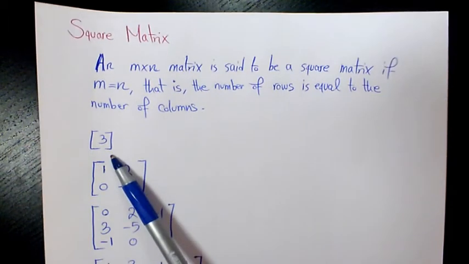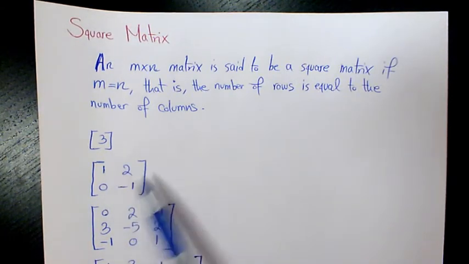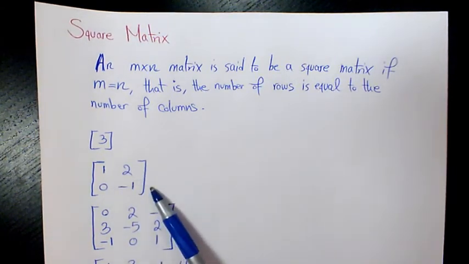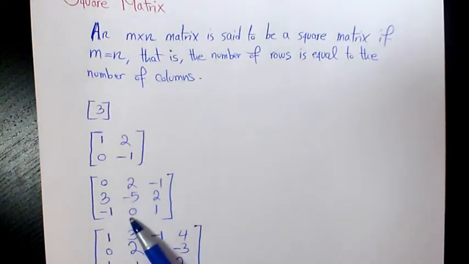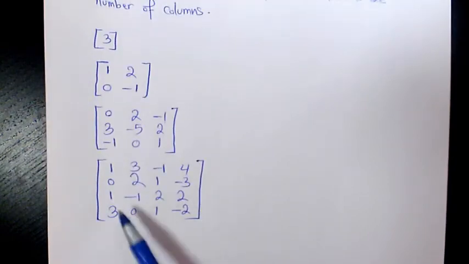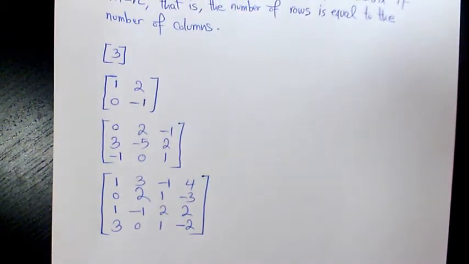For example, this matrix is 1 by 1. We have one column and one row. This matrix has 2 rows and 2 columns. It is a square matrix. Here we have 3 rows and 3 columns, a square matrix as well. And here we have 4 by 4, which means that we have 4 rows and 4 columns. So this one is a square matrix as well.